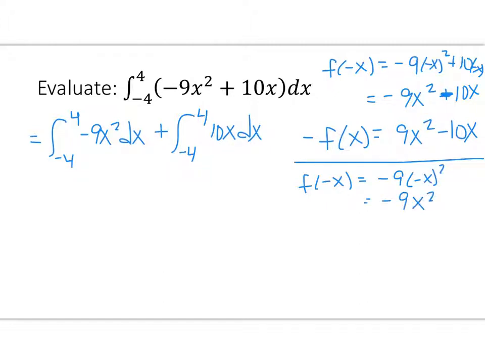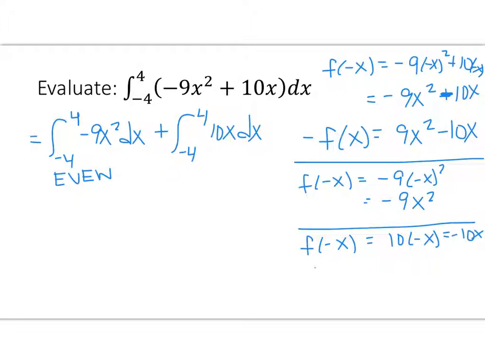So this first piece is even. Now my second piece, if I do f of negative x and I plug it into 10x, I'm going to get 10 times negative x, which is negative 10x, and that's equal to the negation of f of x, which would be negative 10x. So the second piece we know is odd.